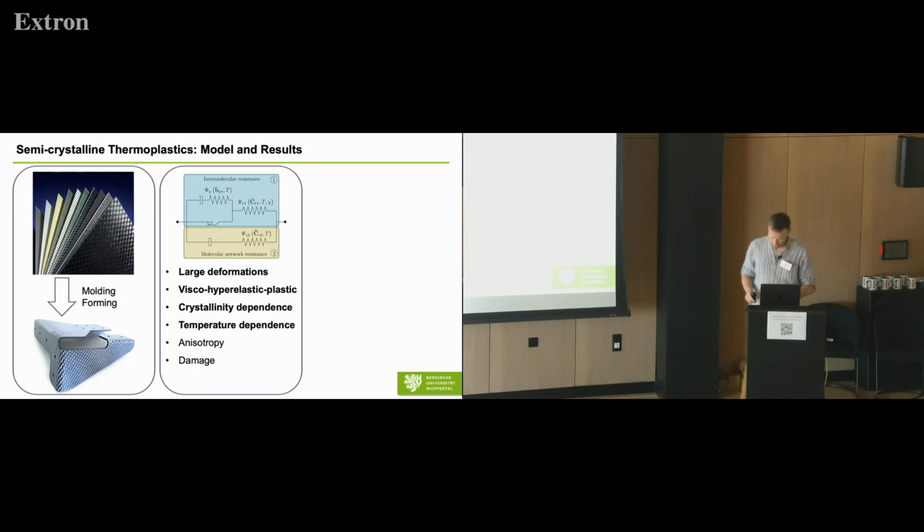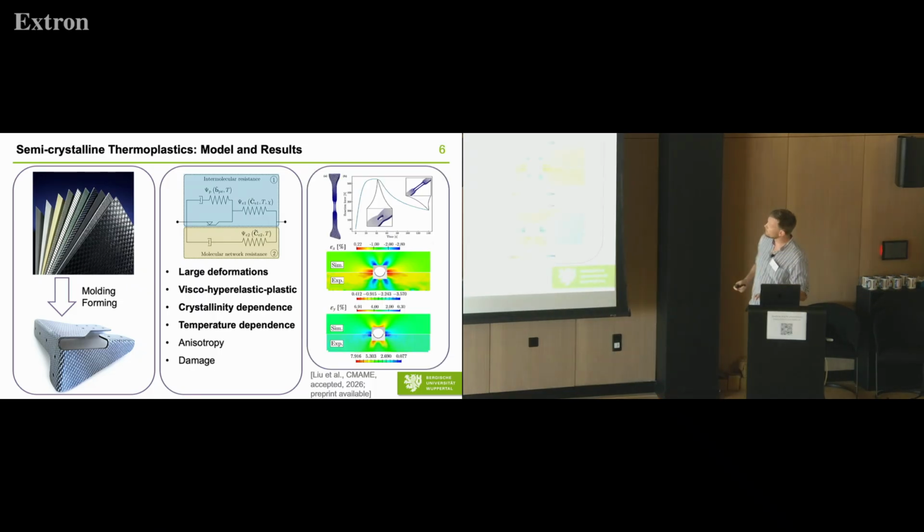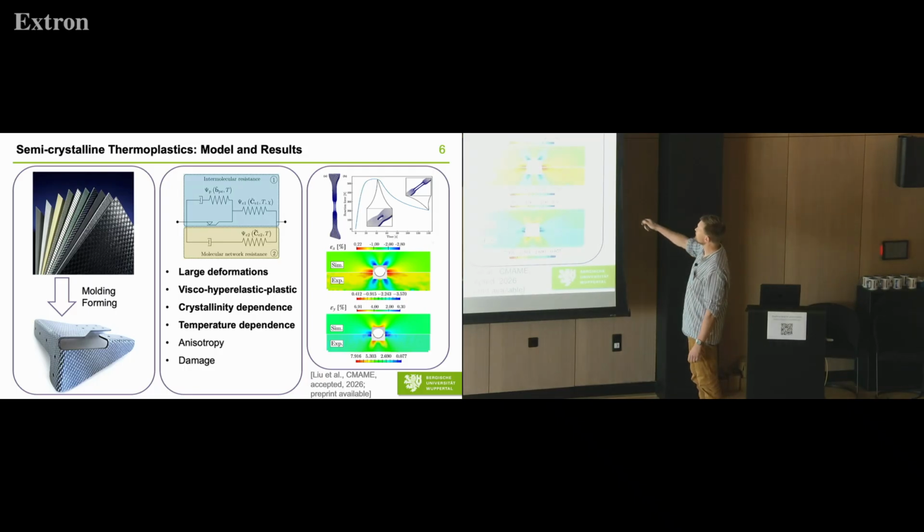Then if you load it, you get those curves showing some severe plastic localization. This is a notched dog bone specimen. You really pull this apart a lot, so the deformations are not around 20%, but way higher.